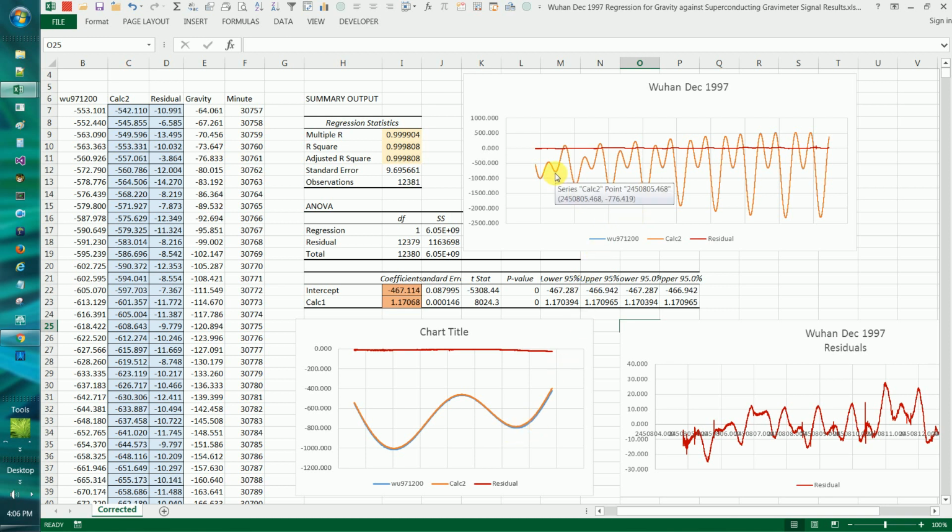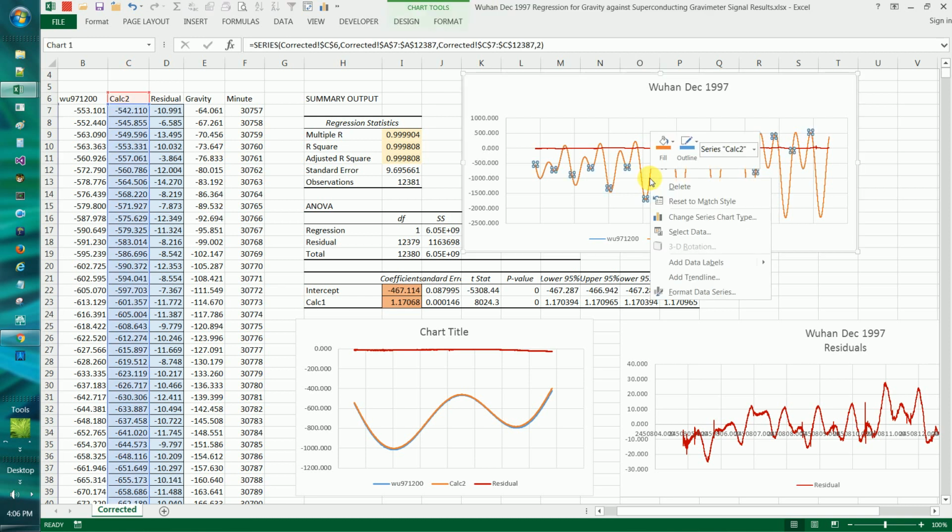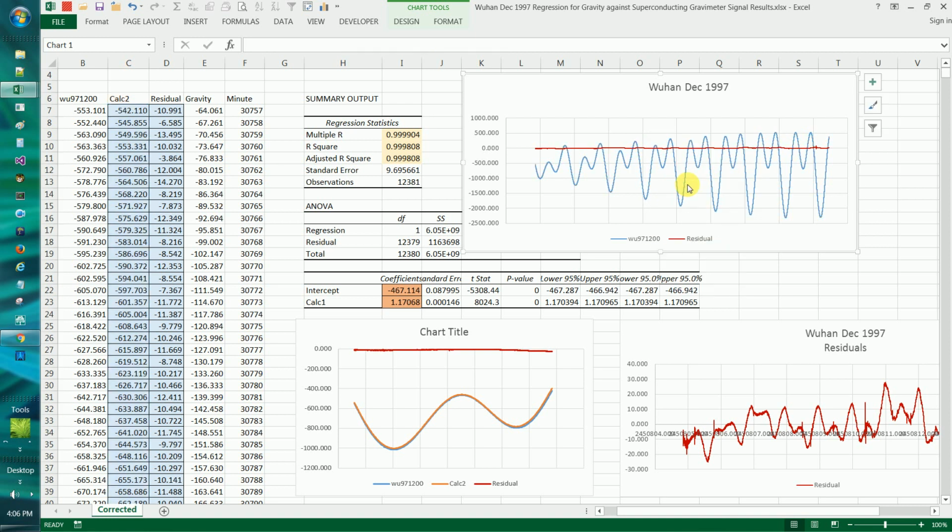So if you could zoom in really far, you would see tiny little bits of blue showing. So in fact, let me do this. I'm going to delete this calculated value, and there underneath is the round. So if I undo this, so there, that orange is the calculated value after scaling the gravity, the true gravity signal. Then this is the signal from the instrument.